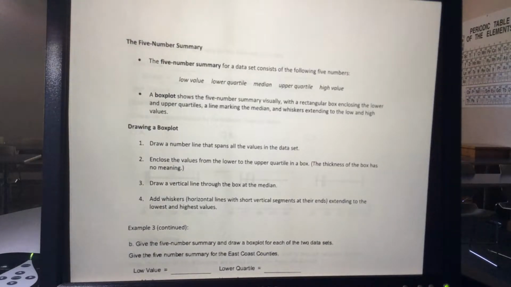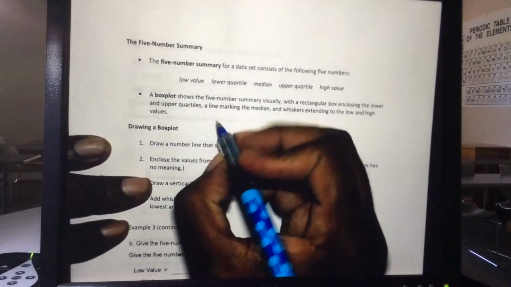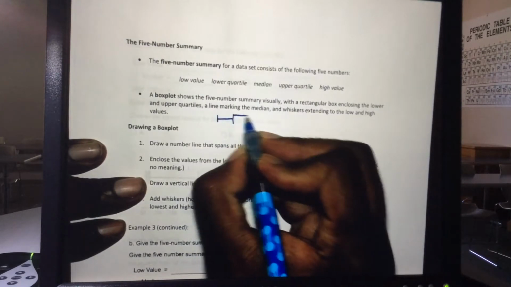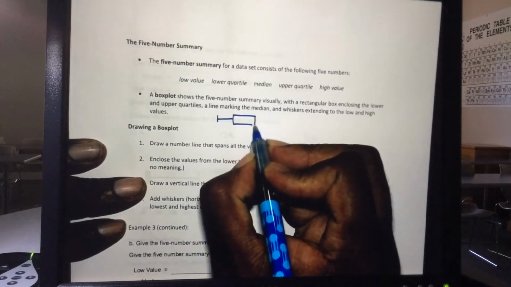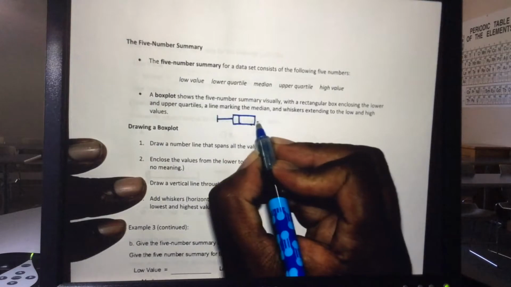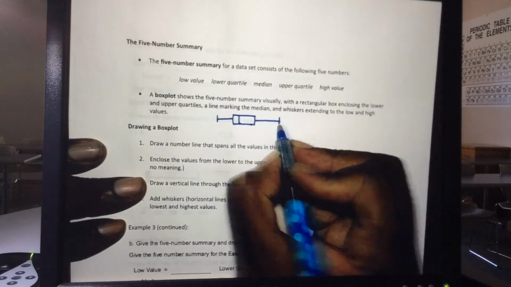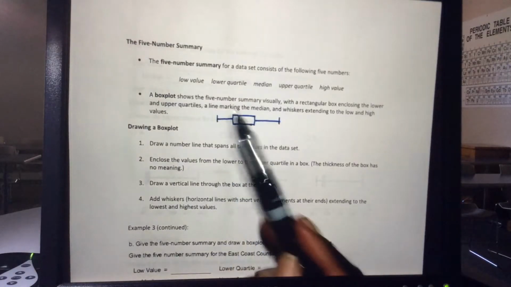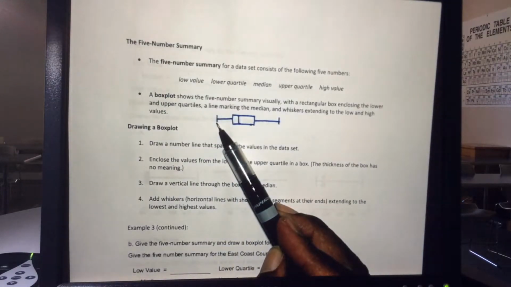A box plot will have the 5-number summary visually with a rectangular box enclosing the lower and upper quartiles, a line marking the median, and whiskers extending to the low and high values. Now, an illustration of what a box plot would look like, it could look something like this. Because it has a box, and then you got your whiskers on the ends, on both ends. The one on the far left will be your lowest value.